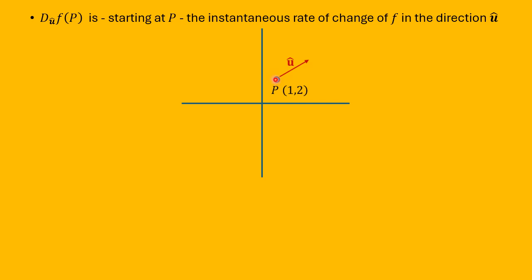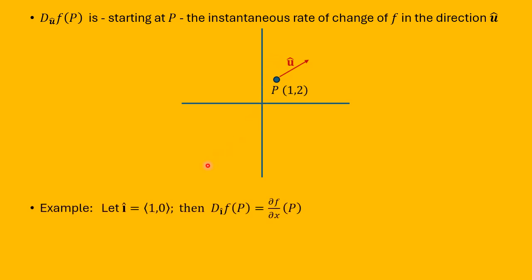So it's similar to what you saw in Calc 1, except here, instead of going along, let's say, the x-axis, and looking at the instantaneous rate of change of a function, we are going in a different direction, specified by u, and the function f is a function of two variables in this case, those represented by points in the xy plane.